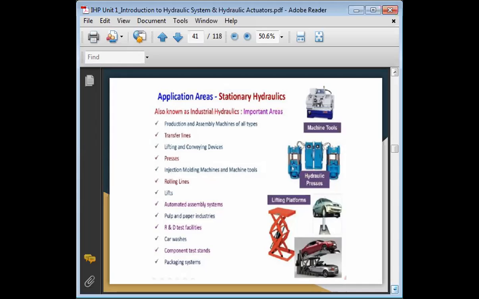Please be fast too. Why is this an important question? Please write down. You just have to list the application areas. In this slide I have mentioned stationary hydraulics. We'll go for mobile hydraulics also.